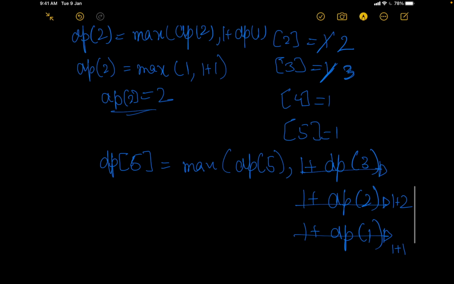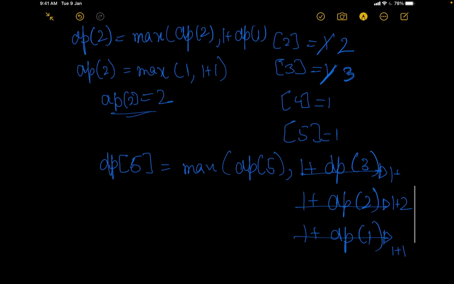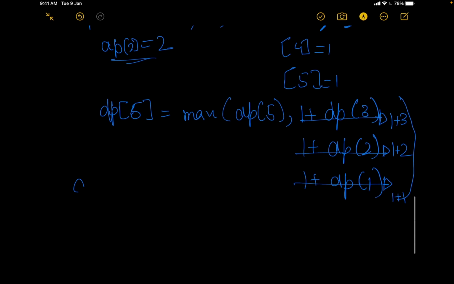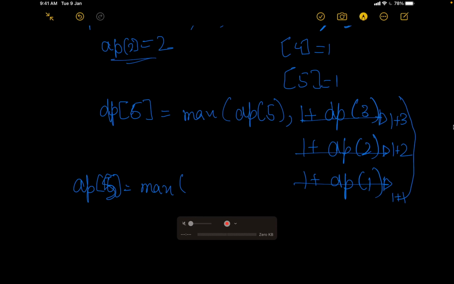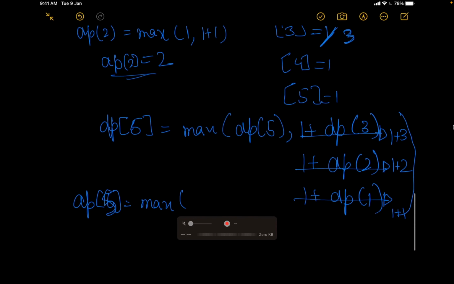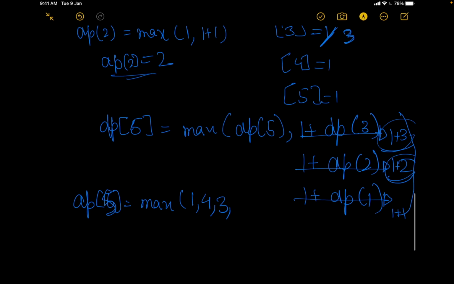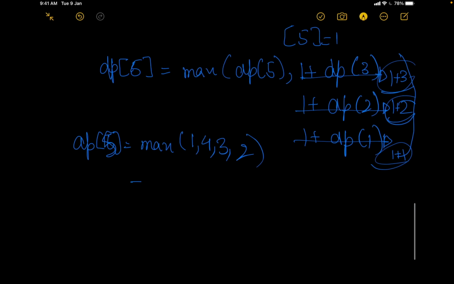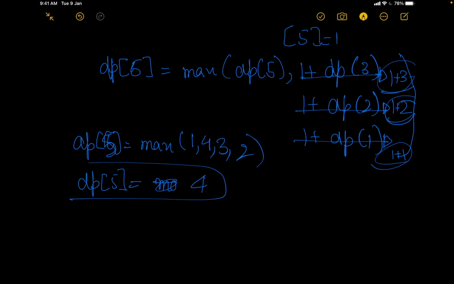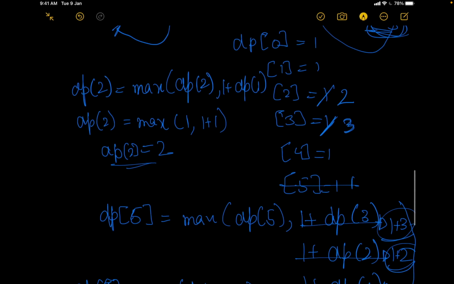The value for dp3 is 3, so it will become 1 plus 3. So now when we'll check this value, dp5 would become maximum of its initial value, which was given as 1, so 1 or a 4 or a 3 or a 2. So it will attain the maximum value. The maximum value over here would be 4. So we can change the values over here as well. So dp of 5 becomes 4 now.